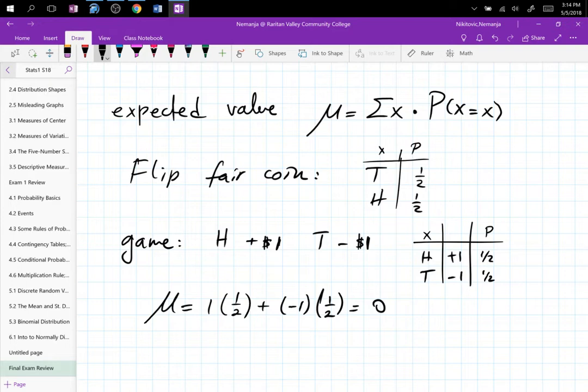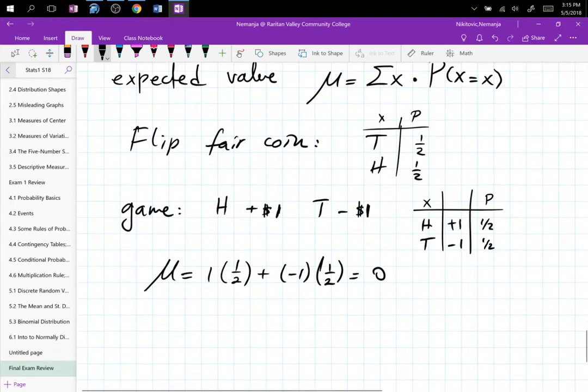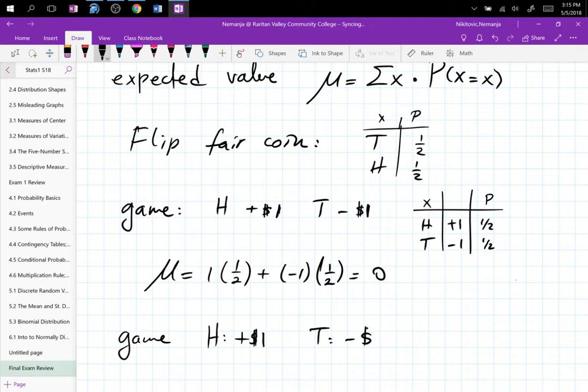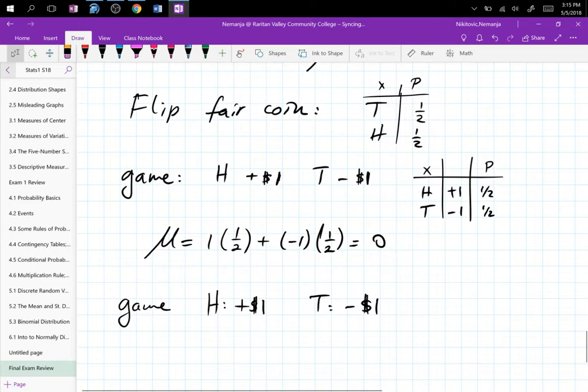Now I'm going to tilt the scale. The game is still the same: heads to gain $1 and tails to lose $1. But I tamper with the coin so it's no longer fair, and most of the time it's going to be in my favor.